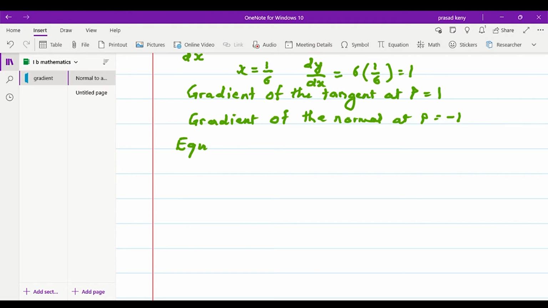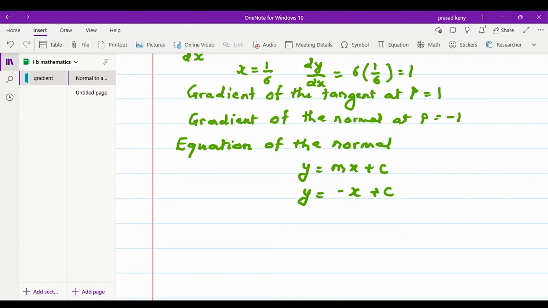The equation of the normal in the form y is equal to mx plus c. m is the gradient and the gradient of the normal is negative 1. So y is equal to negative x plus c. I have put m is equal to negative 1. Now to determine the value of c, I'll substitute the point P in this.